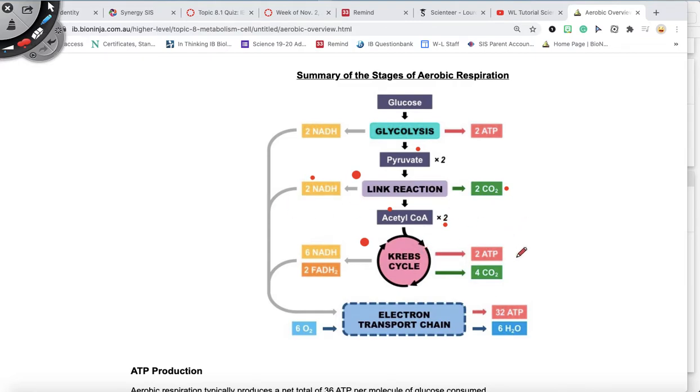And from the Krebs cycle, you're going to see two molecules of ATP, not much because this ATP is formed via substrate level phosphorylation, four molecules of carbon dioxide through a decarboxylation process within the Krebs cycle, and then the following electron hydrogen carriers, six NADH molecules that have been reduced, and two FADH2 molecules that have also been reduced. So now let's look at each one of these two reactions in a little bit more detail.